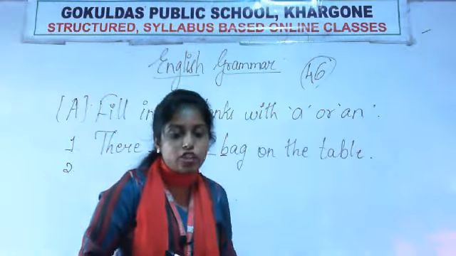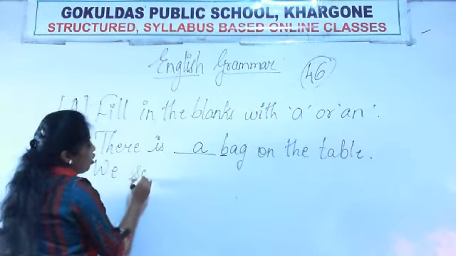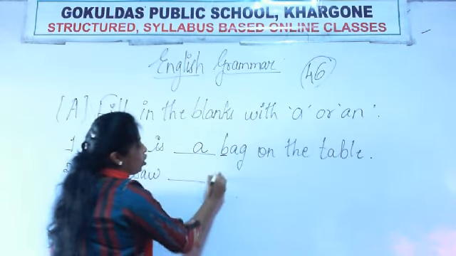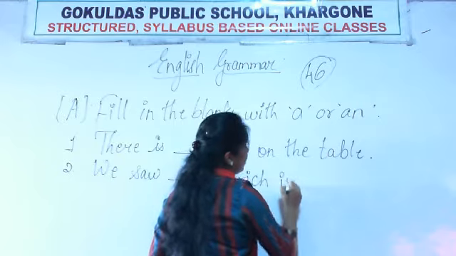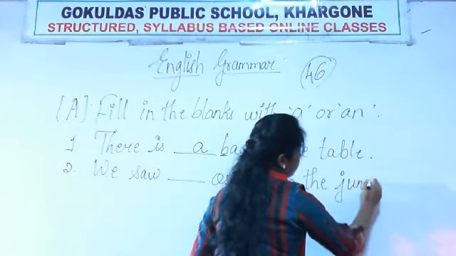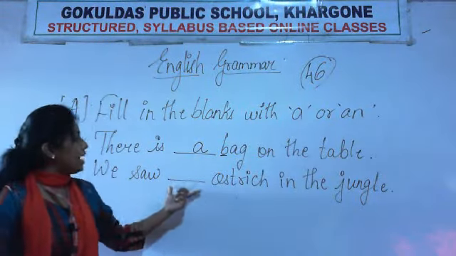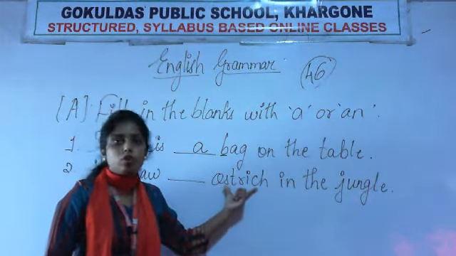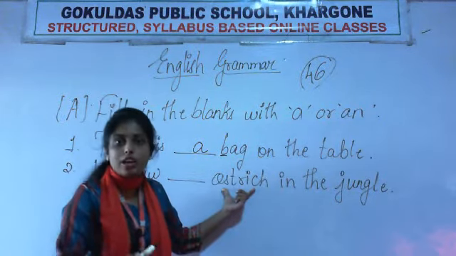We saw dash ostrich in the jungle. Okay. So we saw dash ostrich. That means we have to look at this word to figure out whether we have to use a or an.